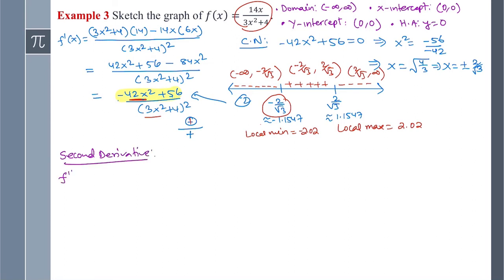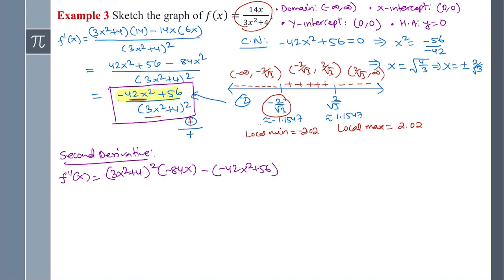So f double prime of x equals, again using the quotient rule, this quantity here. So 3x squared plus 4, the denominator, times the derivative of the numerator, which is negative 84x, minus the numerator, which is negative 42x squared plus 56, times the derivative of the denominator.